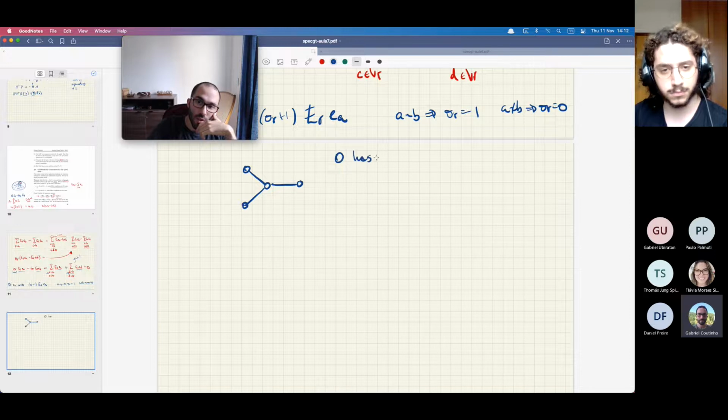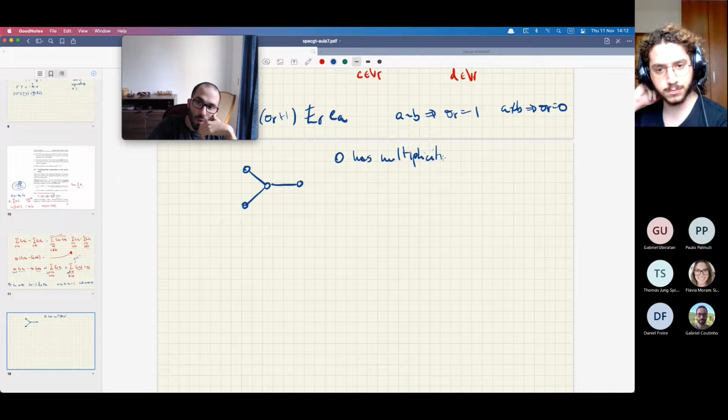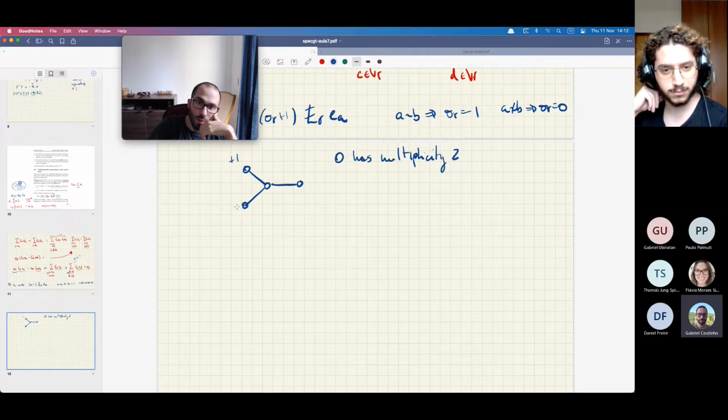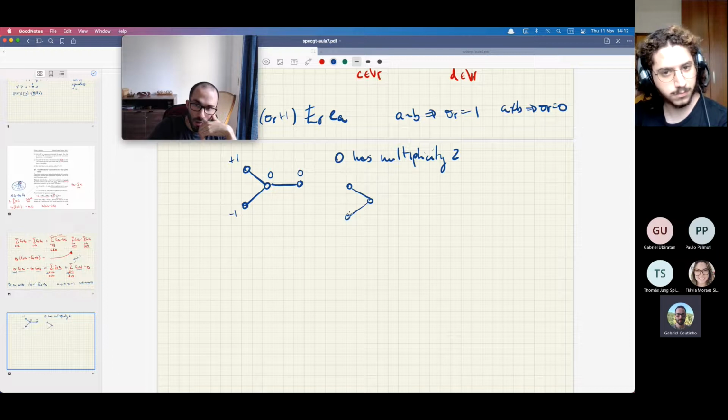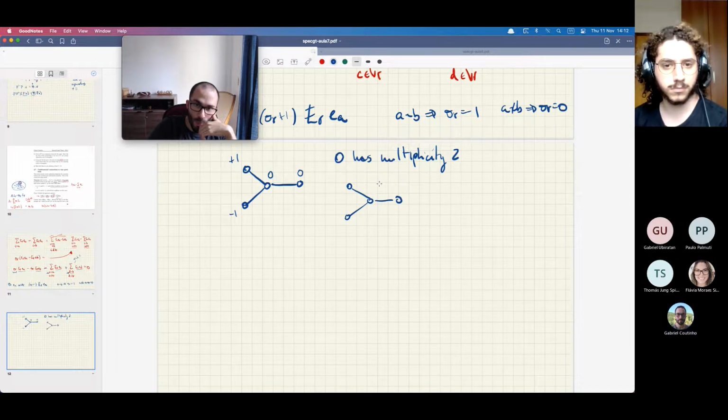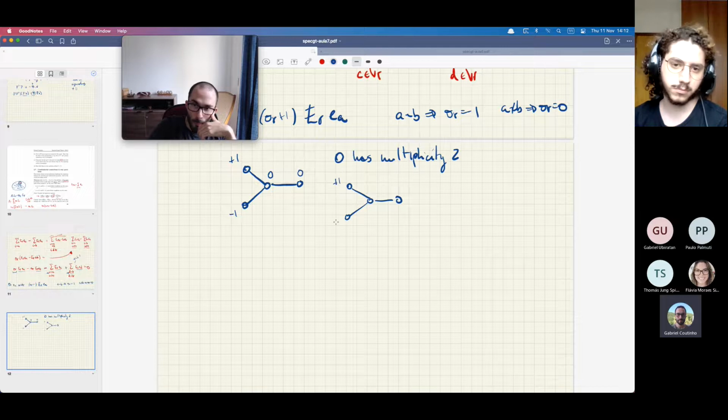Zero has multiplicity 2. One eigenvector is plus 1, minus 1, 0, 0. And the other eigenvector is plus 1, 0, minus 2.